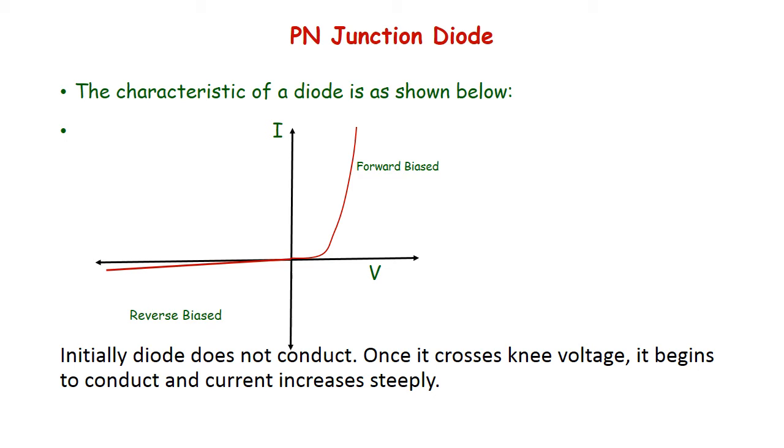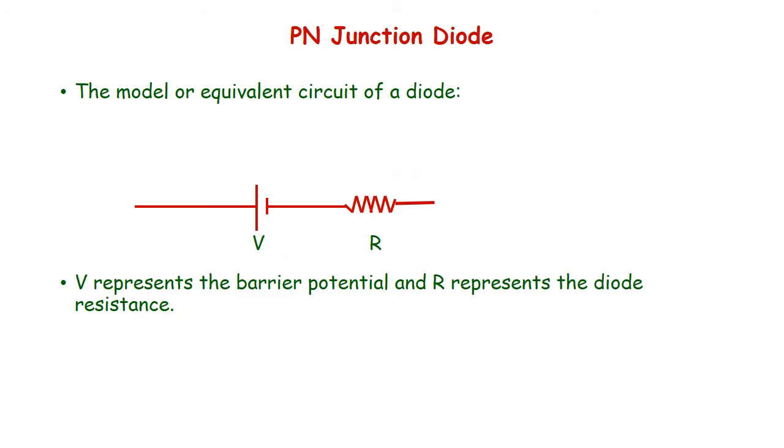So these characteristics of the diode mean we can draw an equivalent circuit of a diode. Equivalent circuit of any device is a circuit drawn using only the passive components and the power supply. So here we have the equivalent circuit of the diode.